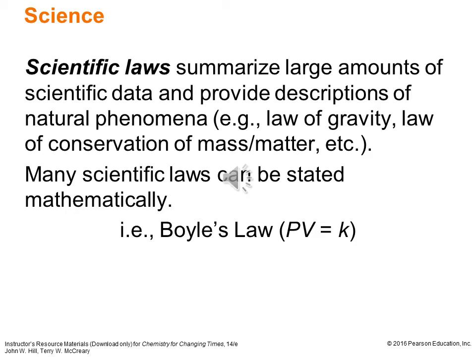For example, we have the law of gravity, the law of conservation of mass or matter, etc. So in the physical sciences, that would be physics and chemistry, we tend to have our laws as mathematical formulae, like we see Boyle's law there, PV equals k, pressure times volume equals some constant. And as we'll see, PV equals nRT is an extension of that we'll get to in Chapter 6.